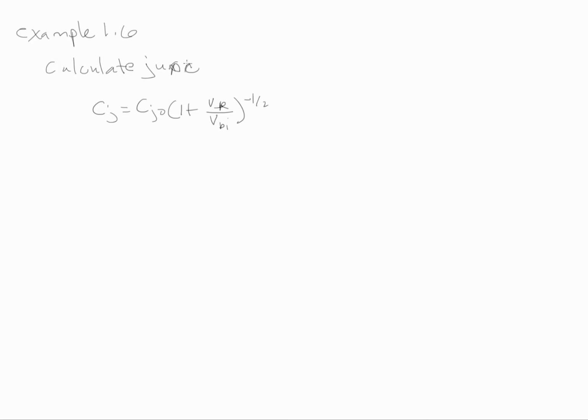I've just written down that same formula from the previous page, where your junction capacitance is equal to the built-in junction capacitance times 1 over the square root of 1 plus VR, which is your applied bias, over V built-in, the built-in equilibrium potential. They give you that the acceptor concentration, like boron, is 10 to the 16th acceptors per cubic centimeter, so that's your p-type semiconductor.